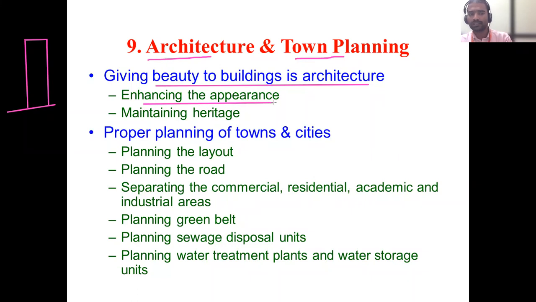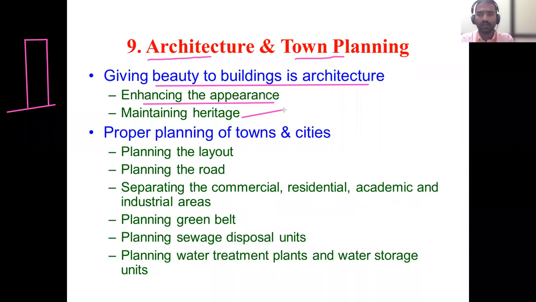Improving the quality of the appearance and maintaining the heritage. Maintaining heritage means what? After a new building is built, after 1 year, 2 years, 10 years, does it stay the same? No, its external appearance is going to change.